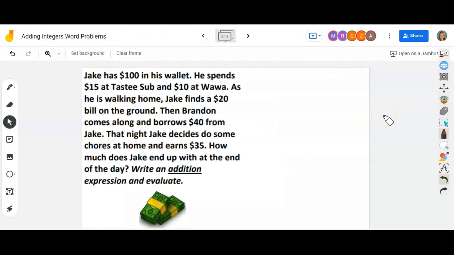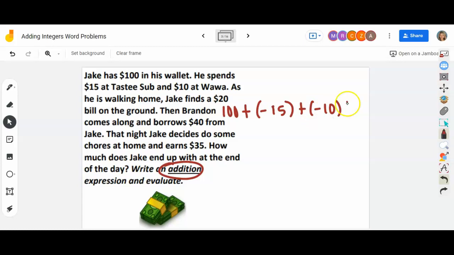All right, for number 3, we know this is an addition problem because it says write an addition expression and evaluate. So we're going to write the number expression or the number sentence while we're reading it. Jake has $100. He spends, so that's going to be -$15 at Tasty Sub, then $10 at Wawa.